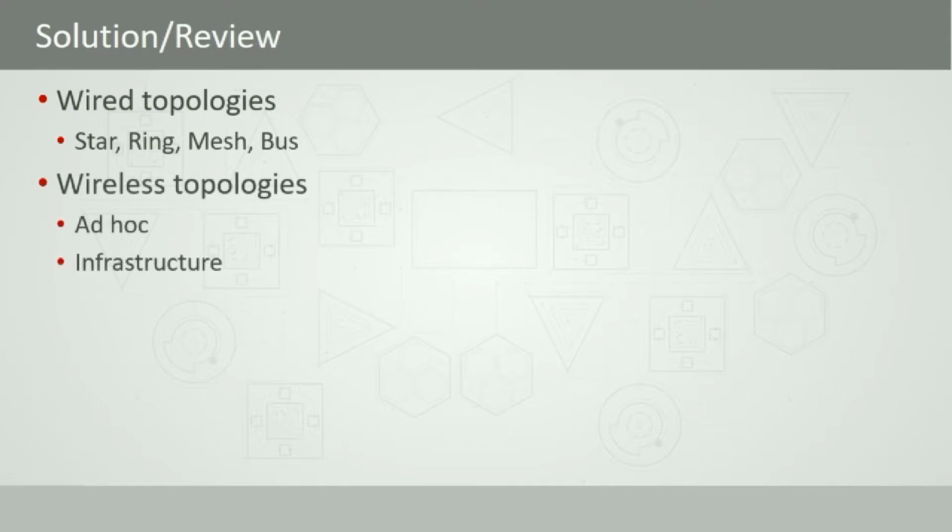In terms of wireless topologies, we have the ad hoc and the infrastructure modes. Ad hoc requires basically nothing more than the wireless device itself, which performs both routing to the internet and switching for connected devices. And you can connect those devices with an Ethernet cable or, of course, wirelessly. So there's very little structure required.